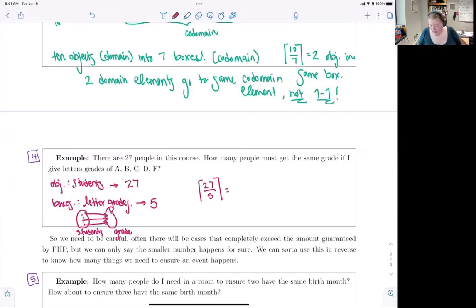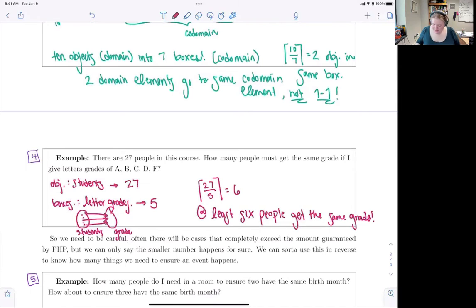So this ends up being 6. So in this context, there will be at least 6 people who get the same grade.